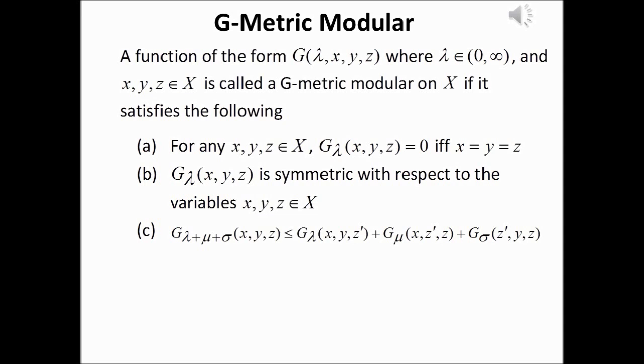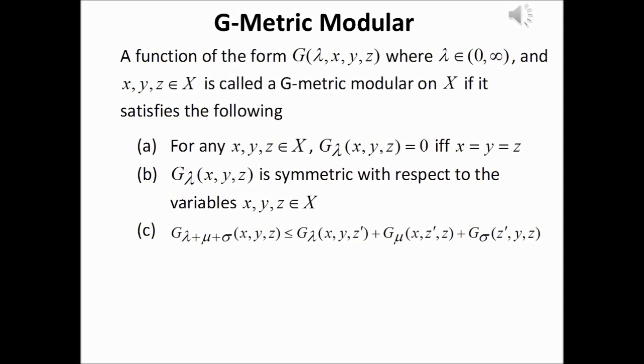So we consider a function of the form G of lambda, x, y, z, where lambda is a positive real number, and x, y, and z are points in the set X. The only difference between the G distance and the G-modular metric is that the G-modular metric is a more flexible version of the G metric because all the variables are not restricted to a particular set.